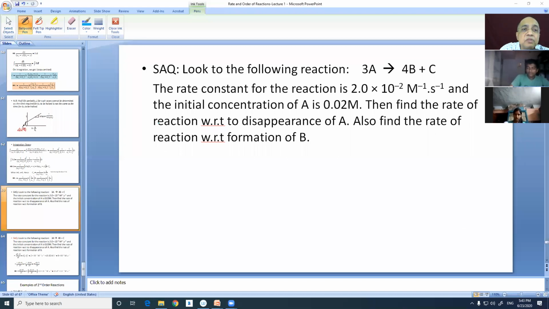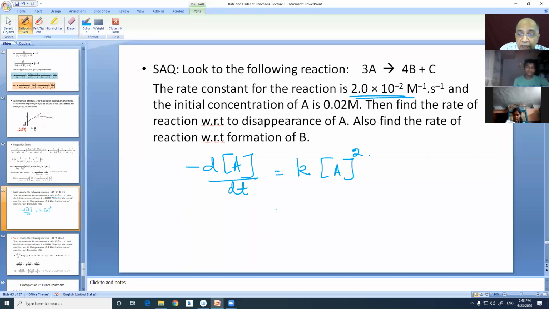Now, we already know this is a second order. So minus dA by dt is equal to K into A square, because it is second order. K is given, 2 into 10 to the power minus 2, and then 0.02 square.